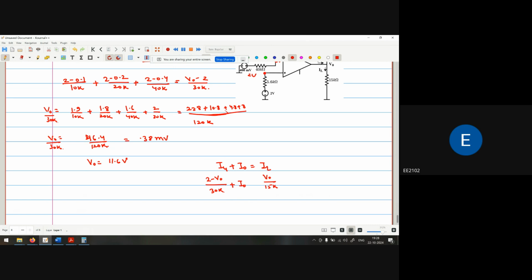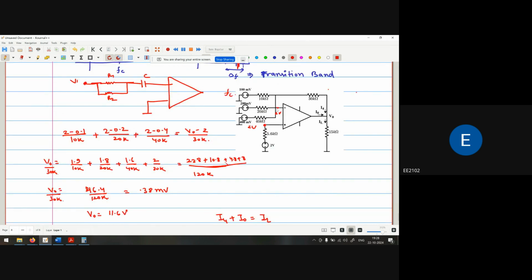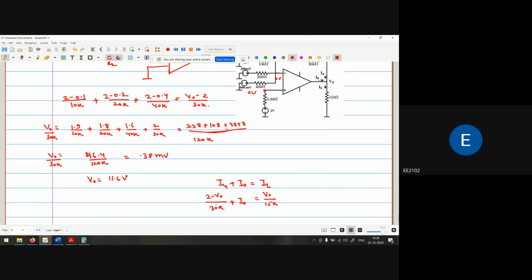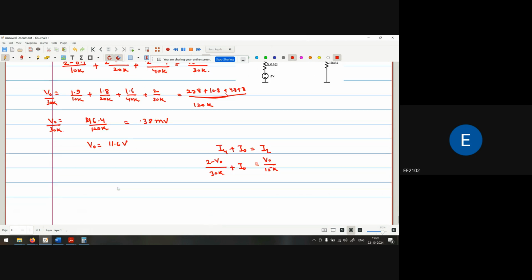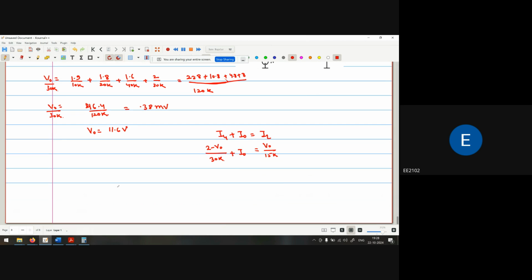Plus I naught. Okay, 2 minus V naught, because the I4 current is coming from this side. I am taking this as the 2 volt side, so the current will flow from 2 to V naught. That is the value of I4, so 2 minus V naught by 30K. Now V naught is 11.6, so I can put the value: (2 minus 11.6) upon 30K plus I naught is equal to 11.6 upon 15K.